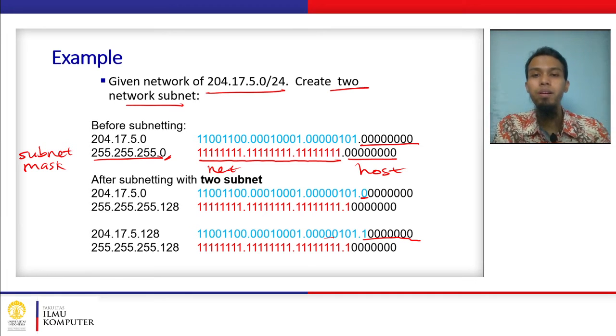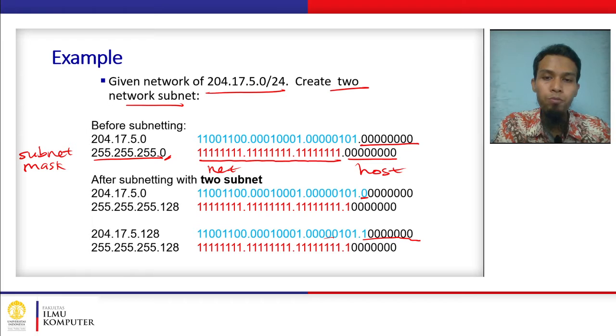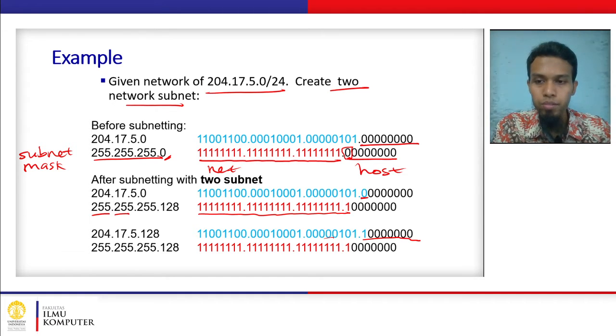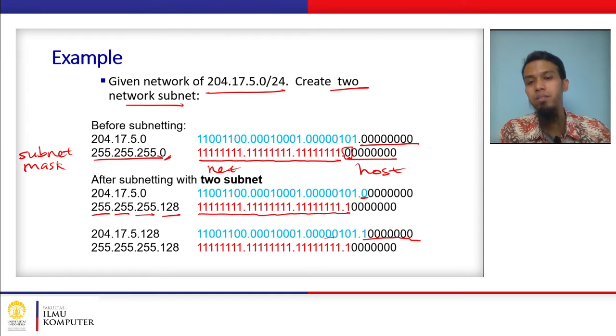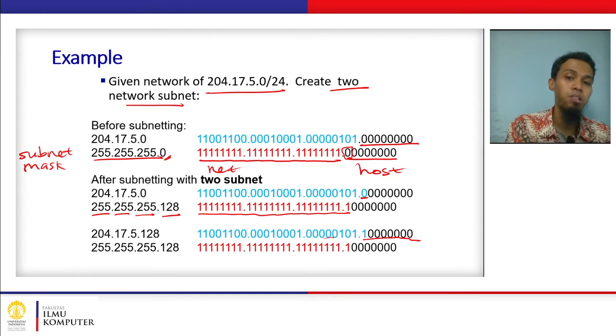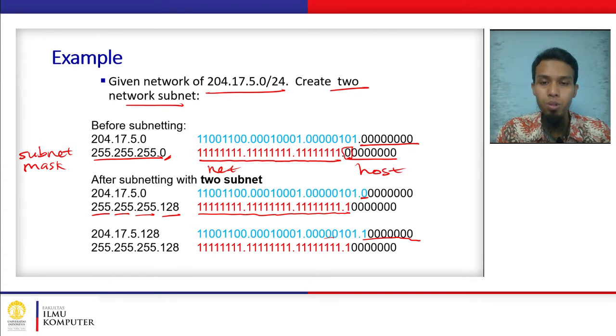Since we are now using 1 bit from the host part to be part of the network, or the subnet part, the new subnet mask will be 255.255.255 for the first three octets, and for the last octet it becomes 10000000, which equals 128.